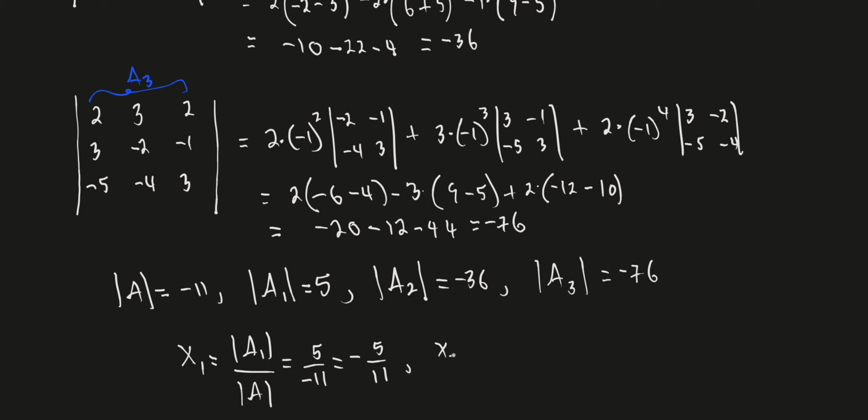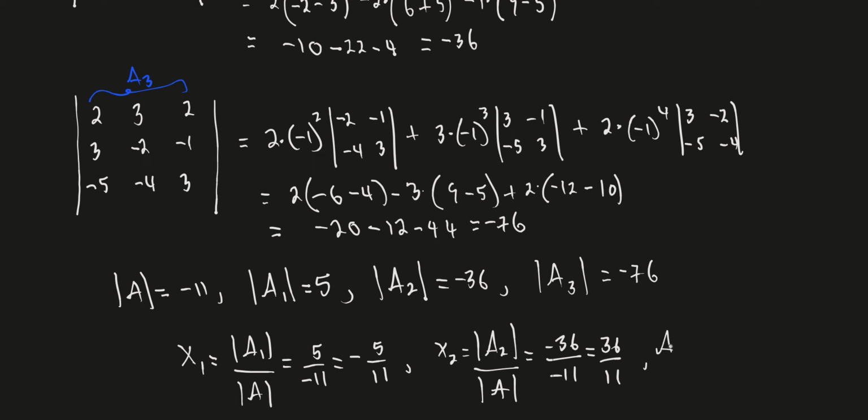Similarly, x2 is equal to the determinant of A2 divided by, again, the determinant of A. So that's my negative 36 divided by negative 11, which is 36 over 11.